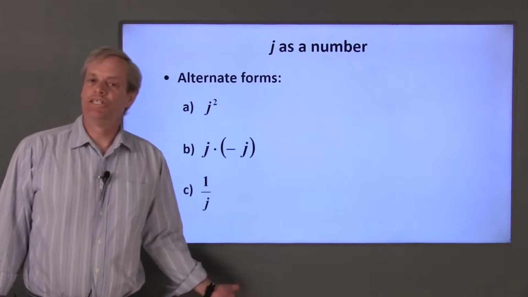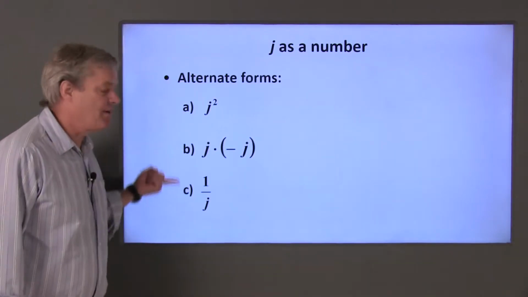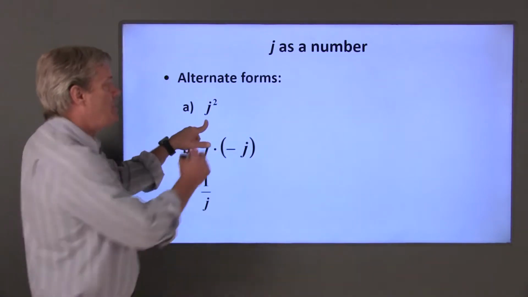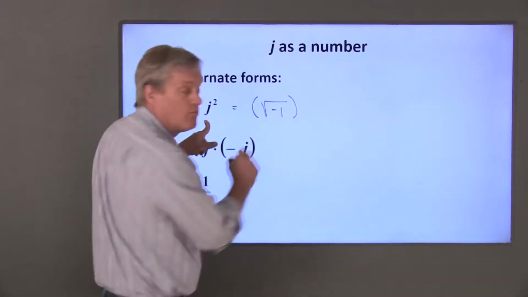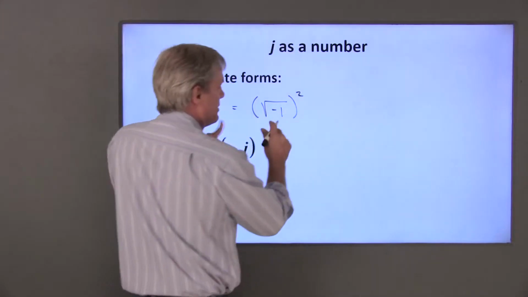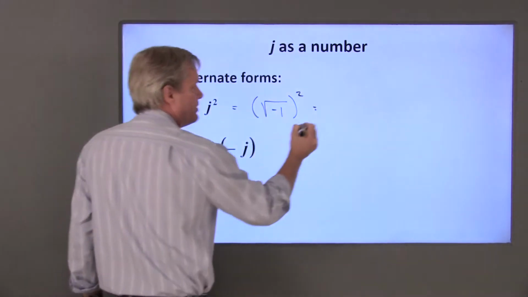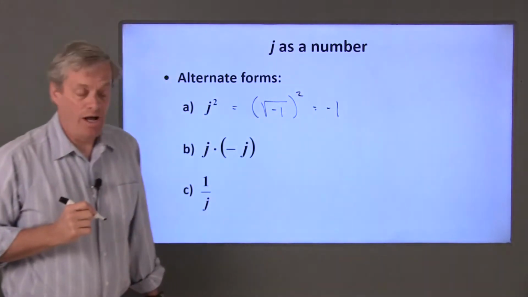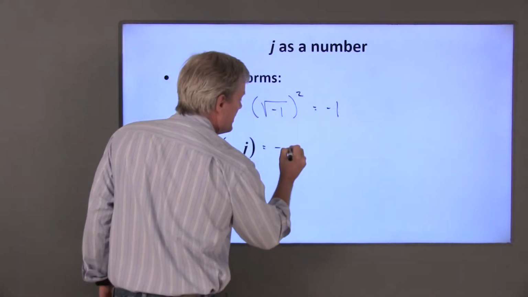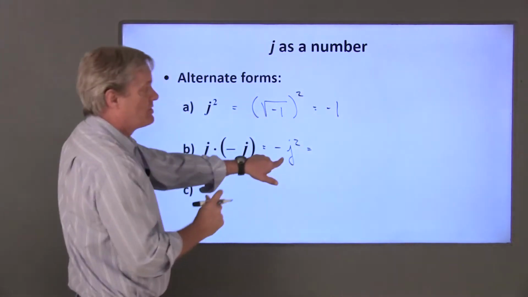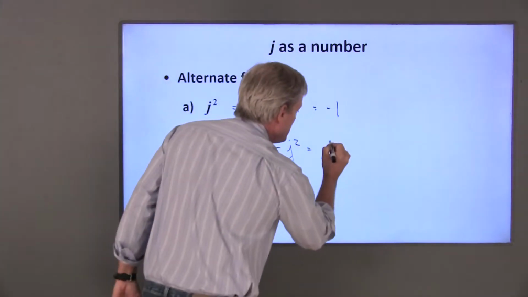To emphasize that j is just a number, let's do some common operations using it. j squared is just the square root of -1, squared. The square root of -1 squared is just -1. j times -j is the negative of j squared, so the negative of -1 is +1.